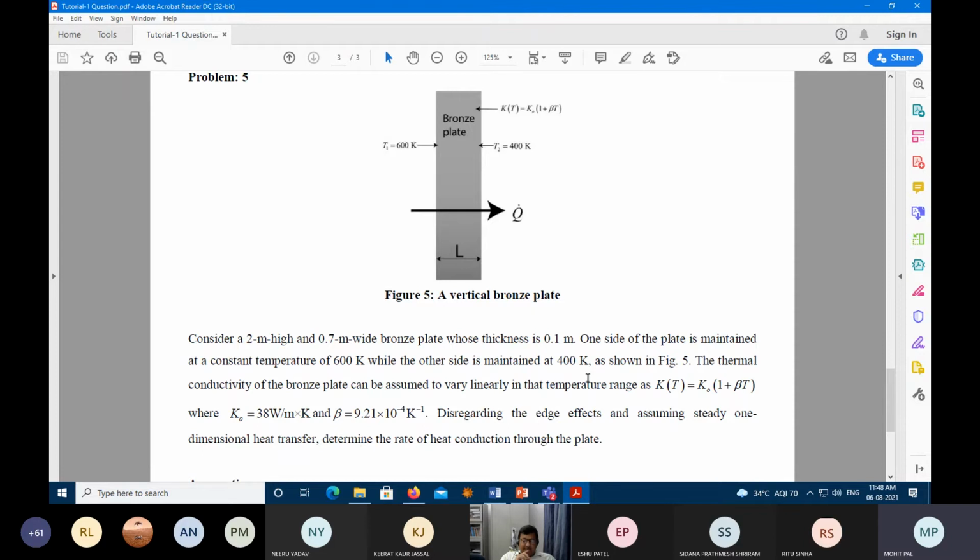So what is the temperature gradient you have? What is the temperature gradient? I'm asking for the temperature gradient. The temperature gradient is 5,000. Sorry, sir, I think it should be 2,000 Kelvin per meter.